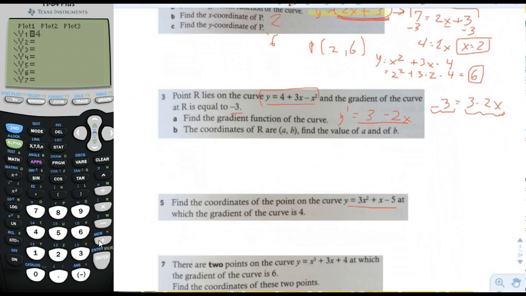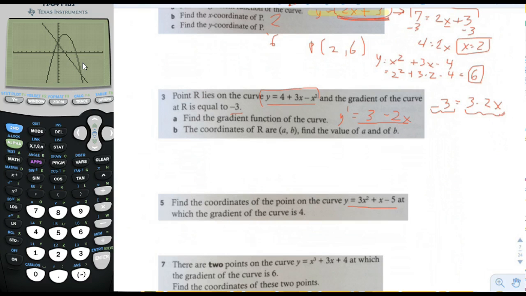So the original function is 4 plus 3x minus x squared. And then the gradient function is 3 minus 2x. Graph it. I should see a parabola as the original function and a line as the gradient function.